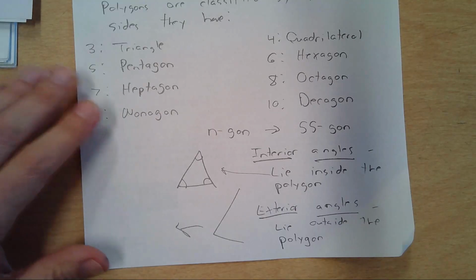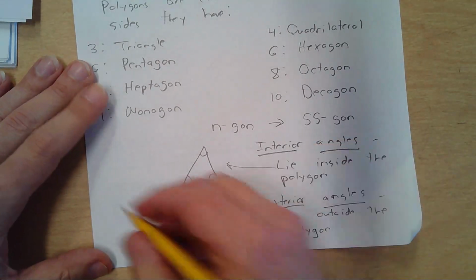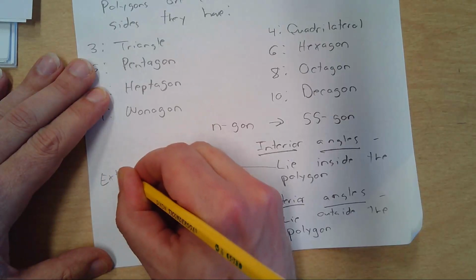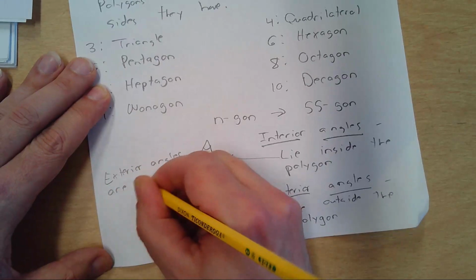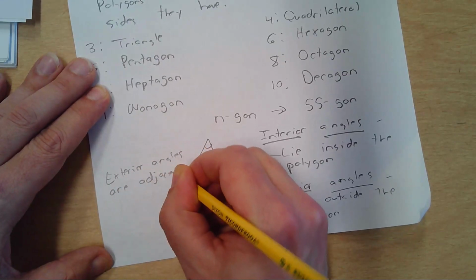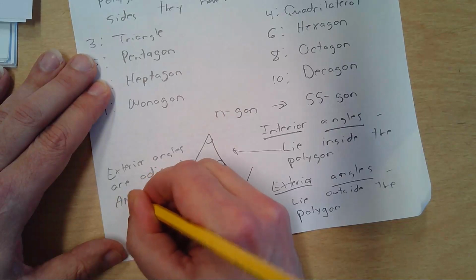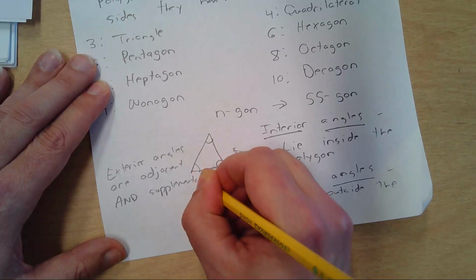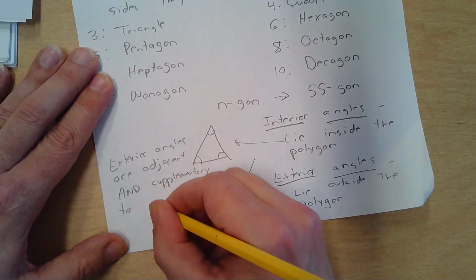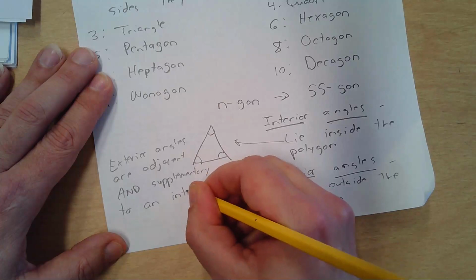Exterior angles, how do I want to put this? Exterior angles are adjacent and supplementary to an interior angle.